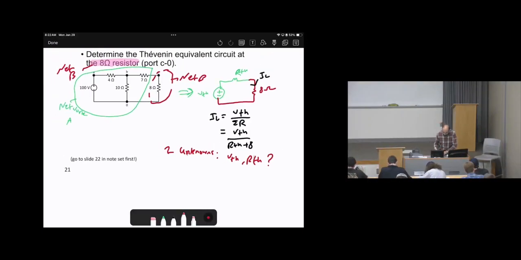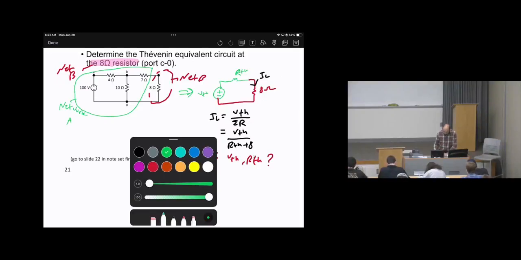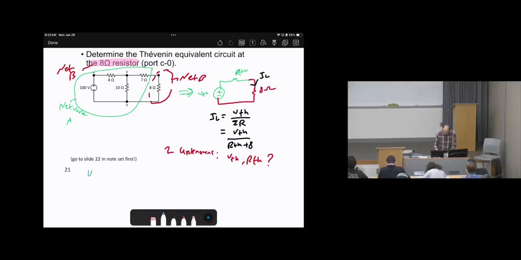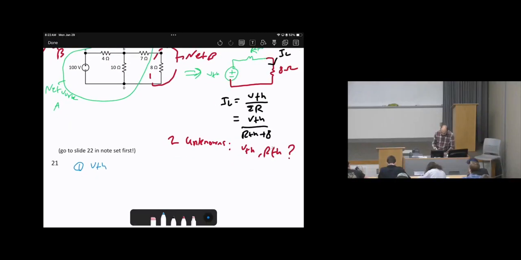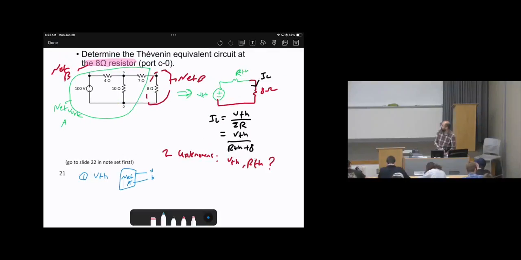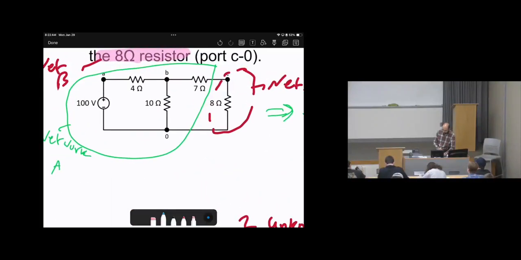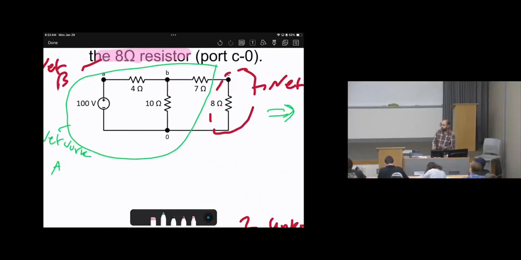First, for V Thevenin, we take network A and apply the open circuit test. Here are the terminals A and B, and network A is inside the green circle. We will isolate it at the terminals.